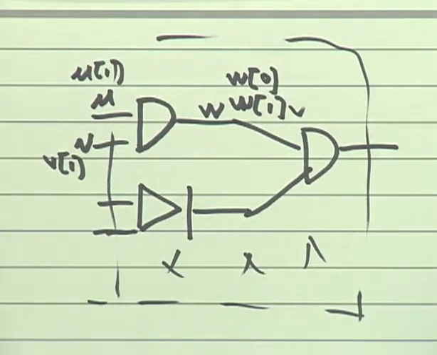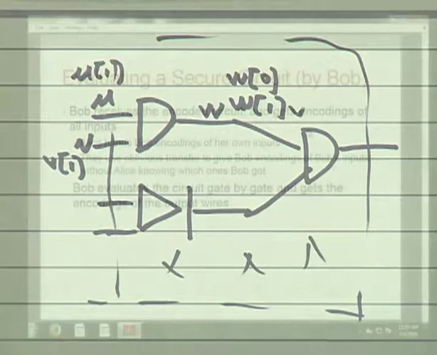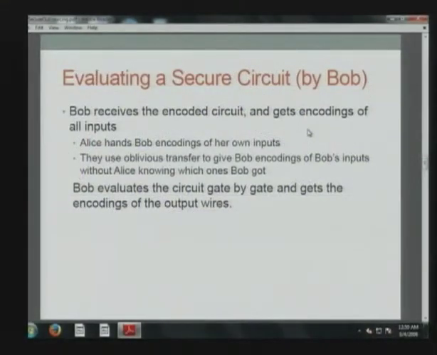Okay, and then Bob knows all the input to the circuit, and then Bob evaluates the circuit gate by gate, as I showed earlier, and gets the encodings of the output wires, and then they work together to translate what the meaning of the output wires is to the values.